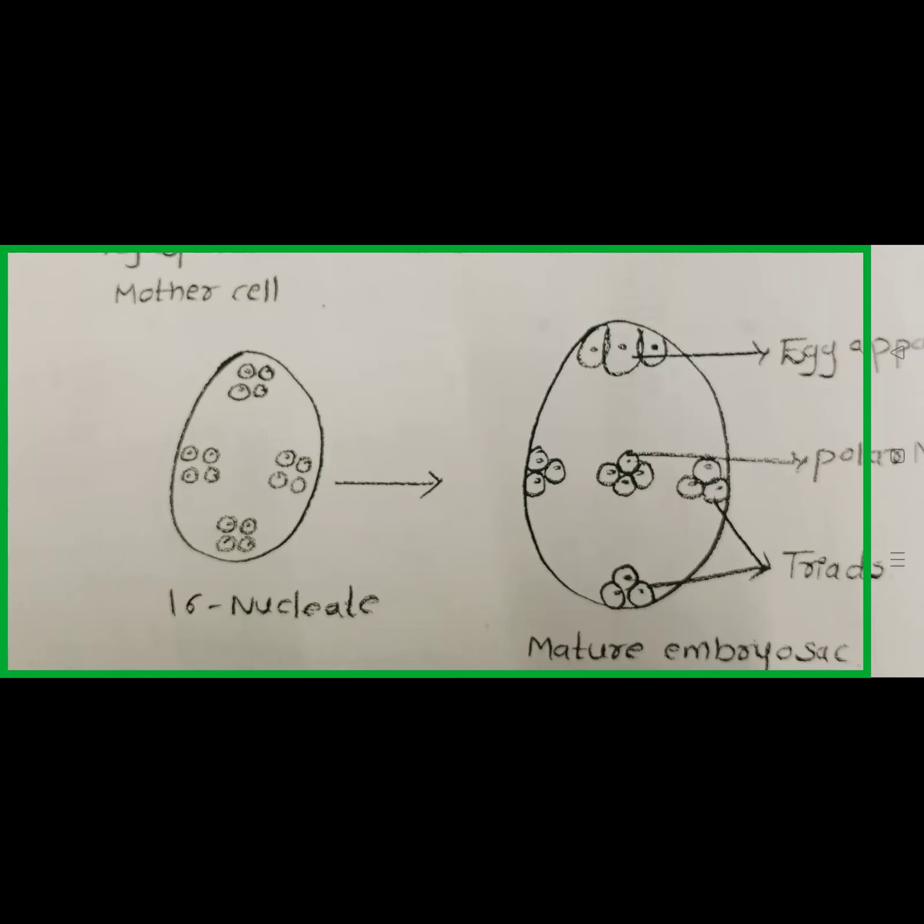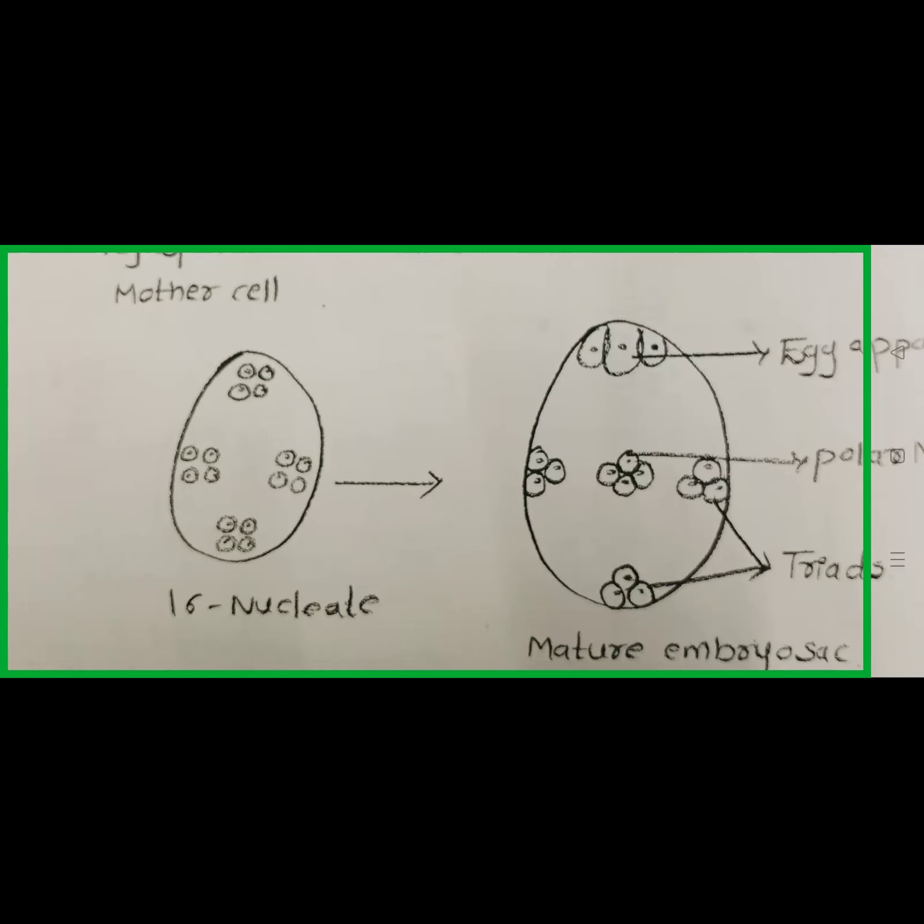Antipodals are triads, triads meaning 3 together. This is the arrangement of the Pinia type of embryo sac. Same 16 nuclei are present, but in the mature embryo sac there is a different arrangement. All of you clear? This is the Pinia type.